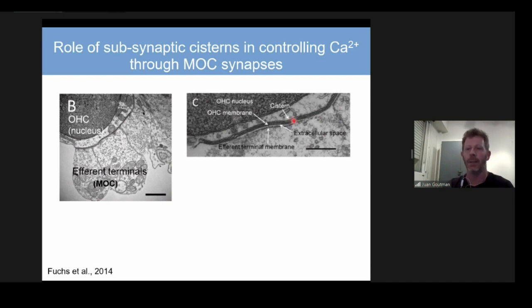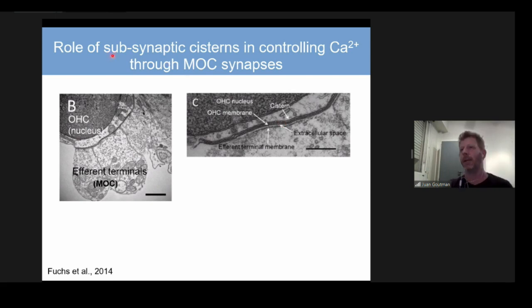You can see a set of 3 membranes: the plasma membrane of the outer hair cell and the two membranes of the cistern, which is very narrowly located close to the outer hair cell, only a few nanometers apart between the two membranes.